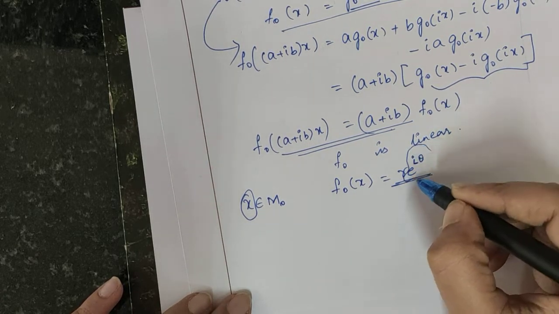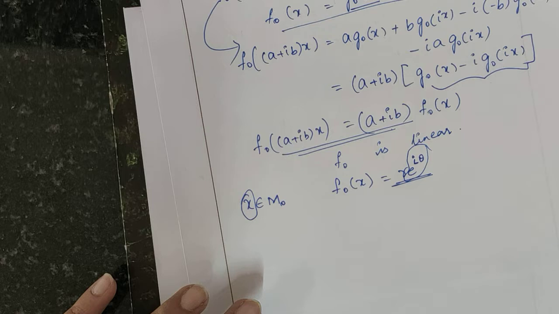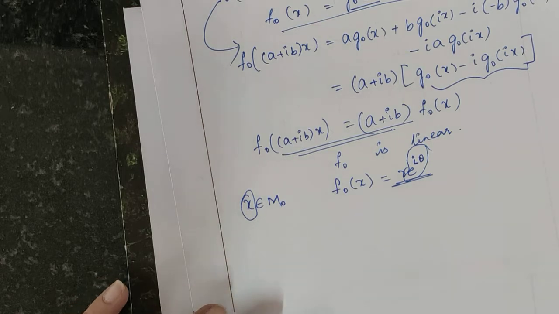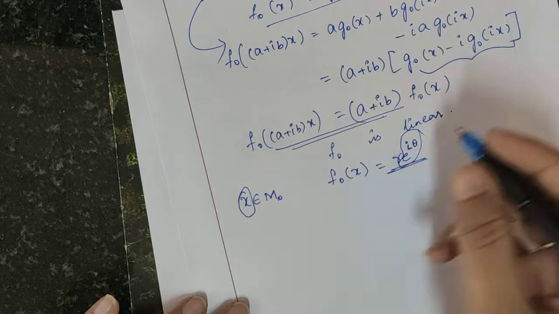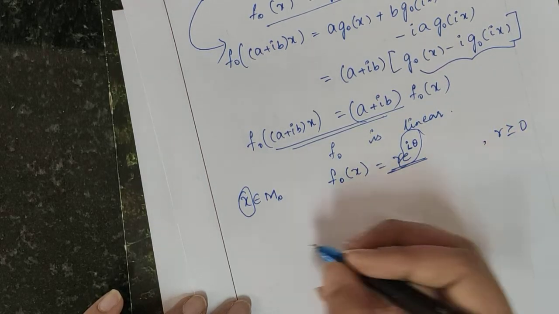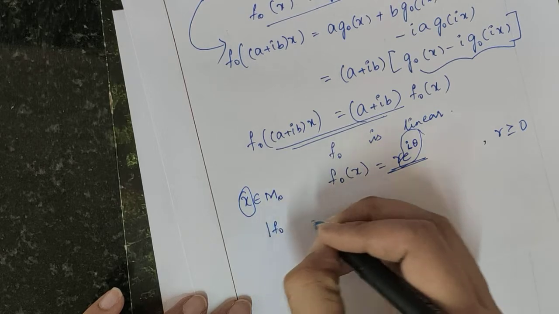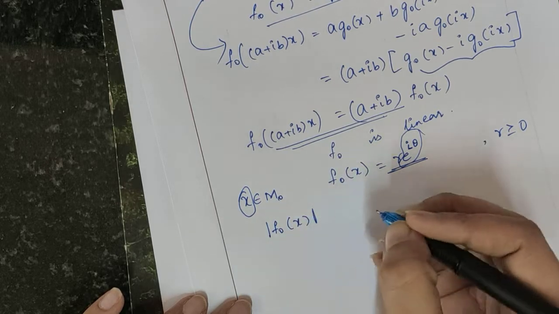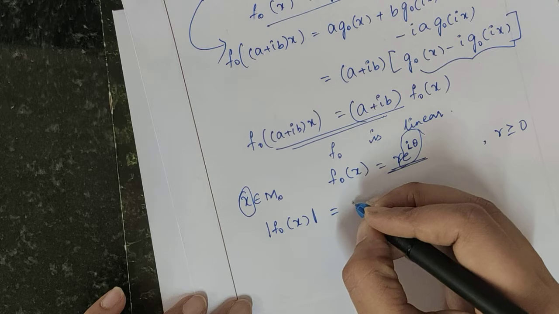This is nothing but cos theta plus i sin theta, right? So it will be in imaginary form. So we can write in that way, where r will be greater than or equal to 0. So now if you choose mod f0 of x, this will be equal to r.